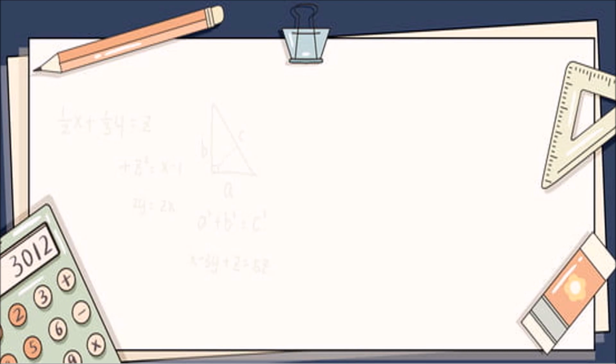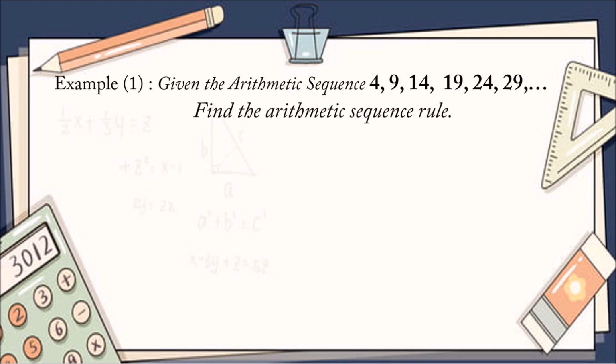Let's have an example number 1. Given the arithmetic sequence 4, 9, 14, 19, 24, 29, so on and so forth. This is a kind of infinite sequence. So the question is, find the arithmetic rule. So we are going to find what is a of n.